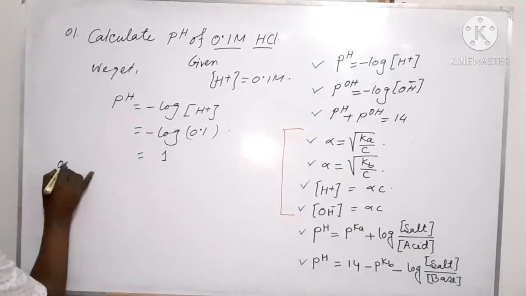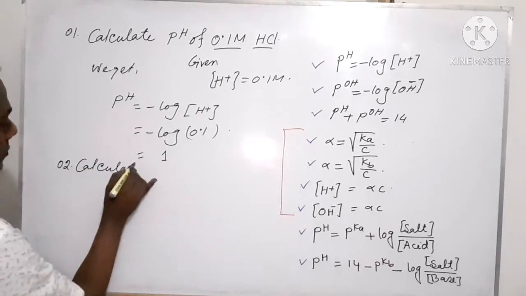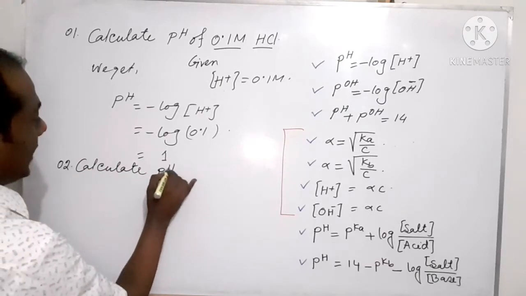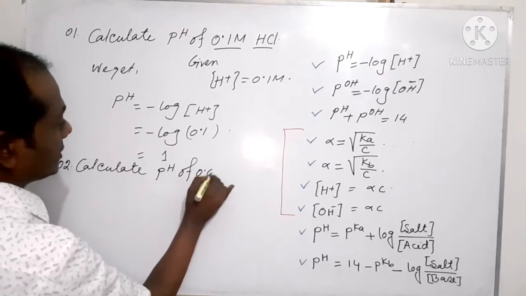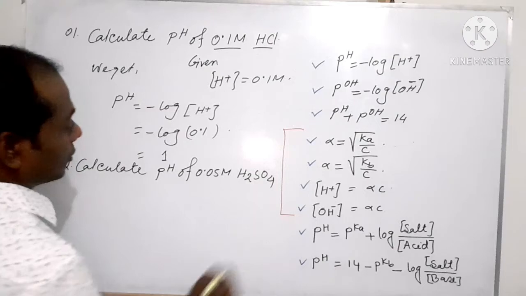Our next mathematical problem: calculate pH of 0.05 molar H2SO4.